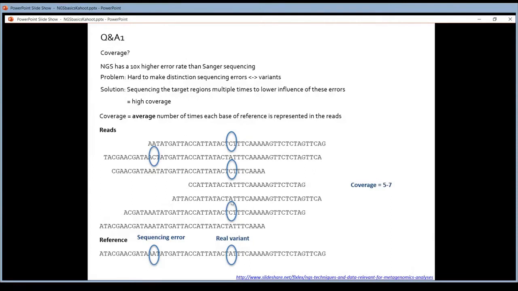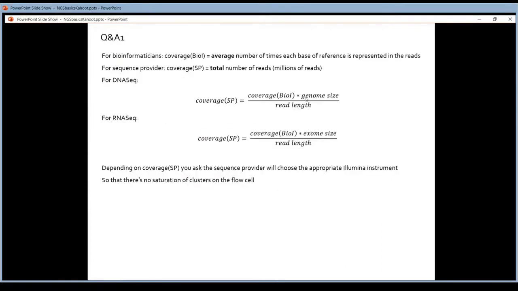For variant analysis, you want a lot of coverage, so you take a high number, multiply it by the genome size, all the bases in the genome, and divide by the read length. The number that you get as a result will be the coverage for the sequence provider: the number of millions of reads that you need.